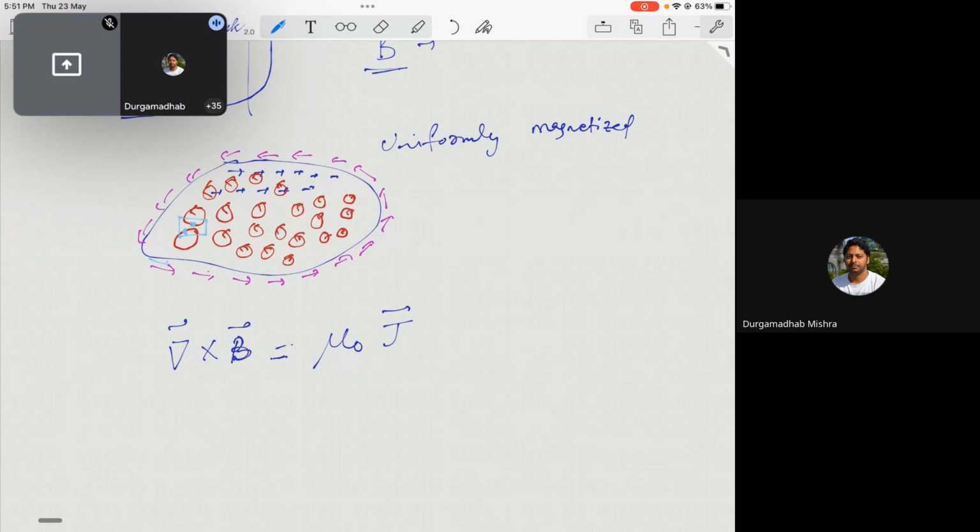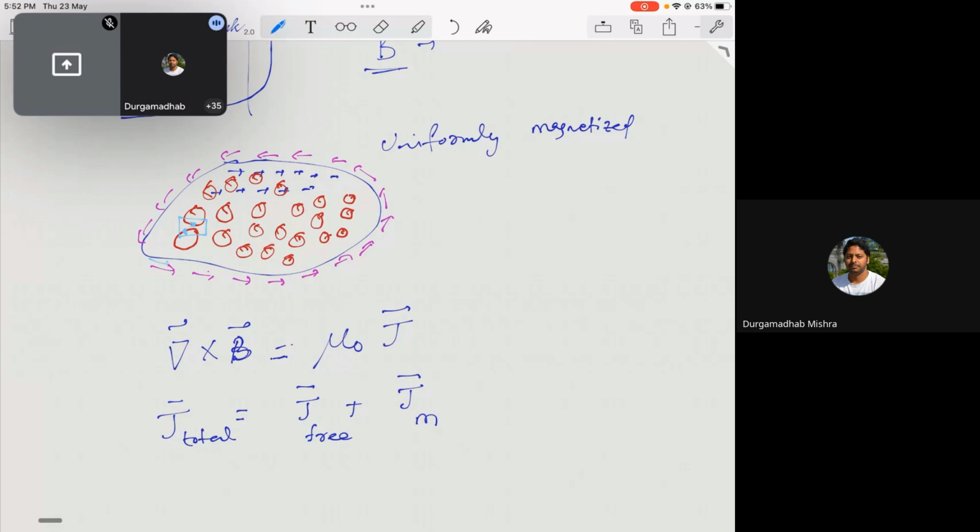If I have this dipole moment, which comes from the electron orbital motion and the spin angular momentum, it can act similar to a current loop, and that can also give rise to a magnetic field B. So this J, which I write as J total, I can write as J free plus J M, where M indicates it is due to the atomic dipole moments.